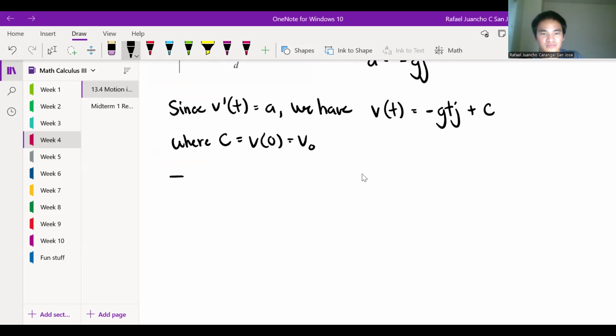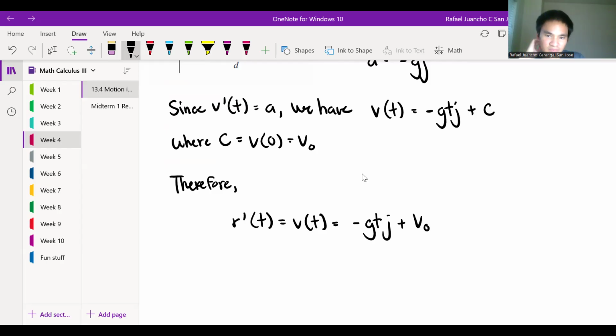Now from here, we can find our position vector, or r of t. If we take the derivative of that position vector, it's just the velocity vector, which is negative g t j plus my initial velocity.